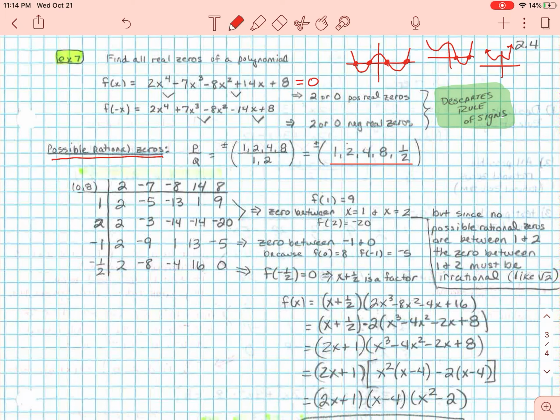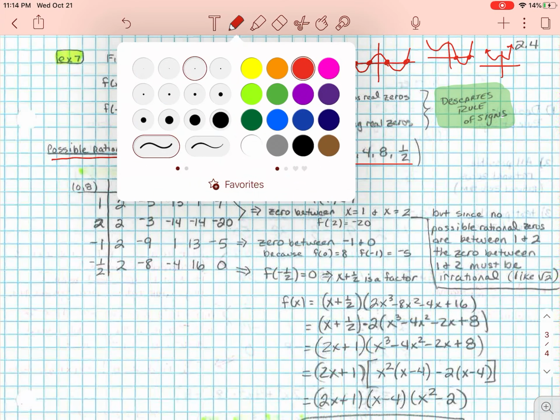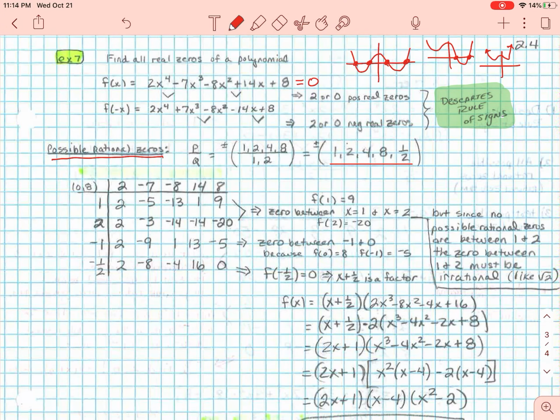Again, the shortcut. So what we do is we're going to make our line a little thicker here.